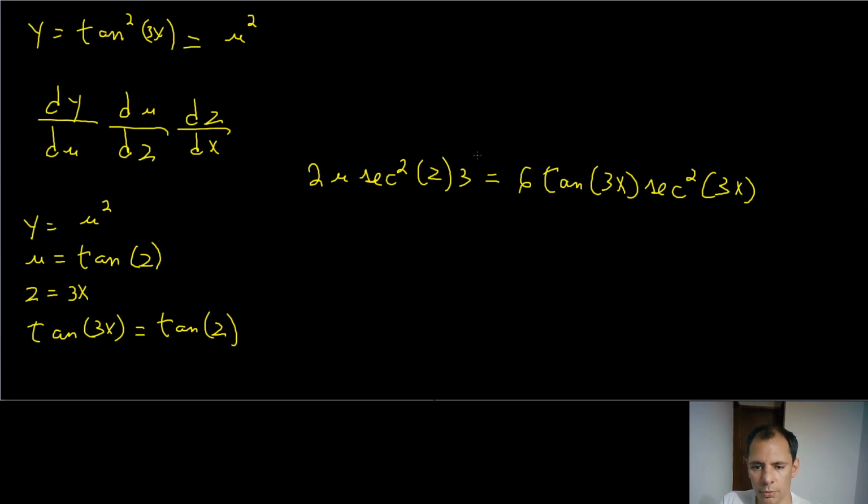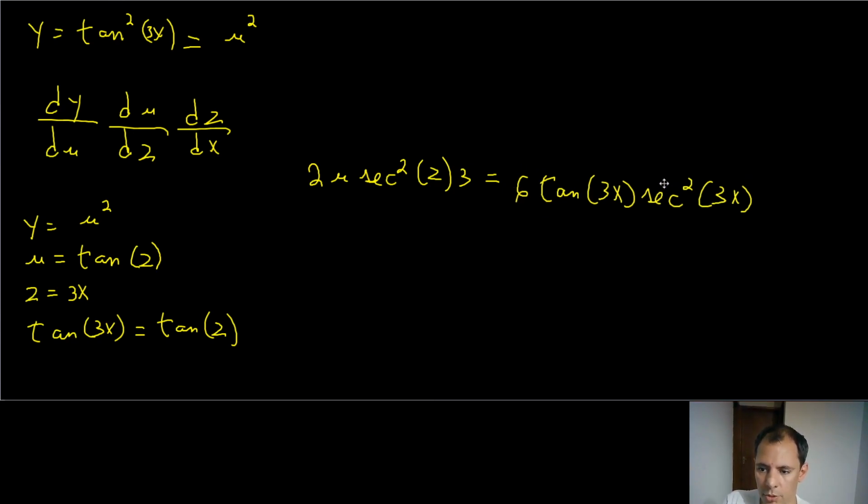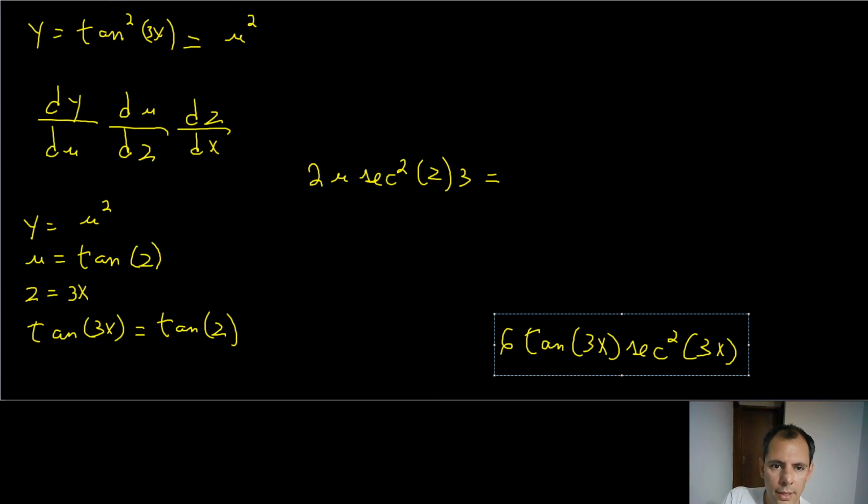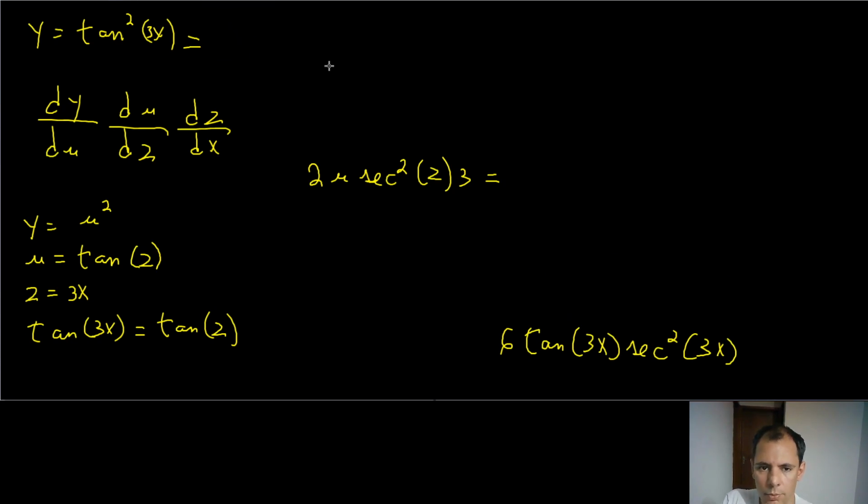Now what I'm going to do is bring this down here so we can compare it with the thing that we're going to do automatically, without the little scam. We're going to do it from the outside in. So the outside function is the power 2, the inner function is the tangent, and the innermost function is the 3x.